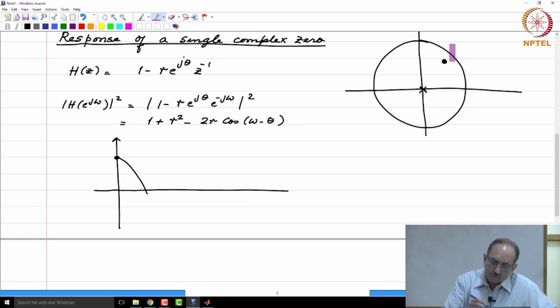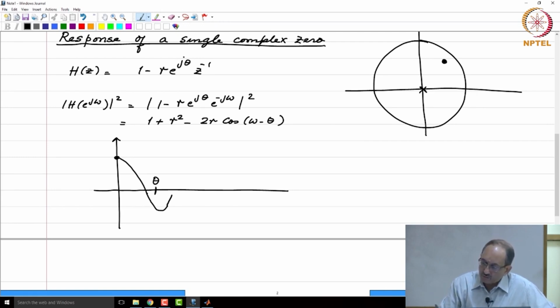And when you are exactly at the same angle as the angle of the zero, that is when omega equals theta, you will be closest to the zero. So you can expect the response to have a minimum value at that particular frequency, and hence the response will have a minimum value at omega equal to theta.